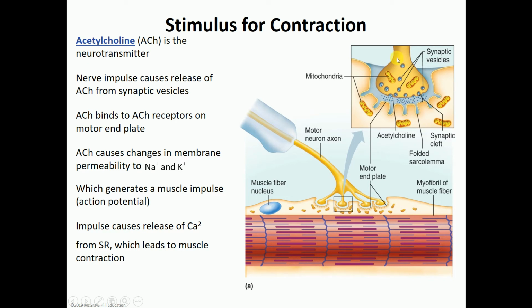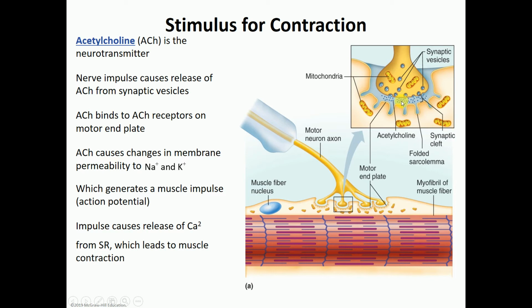So again, the motor order comes to the end of the motor nerve, which opens up calcium channels. Calcium rushes to the inside of the neuron, so there's an increase in the intracytoplasmic calcium levels. That leads to the vesicles opening up and releasing the acetylcholine into the synaptic cleft.